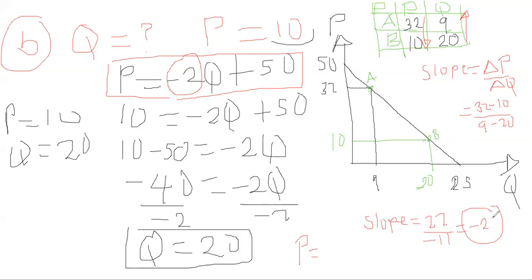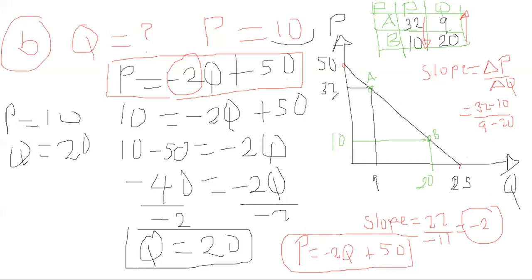We have calculated it: it's -2. Then you multiply it by the quantity, then plus B, and you know that B is the 50. So with only the graph, you can establish the equation. That is the demand function. If you only have the graph with the 2 points and you have the intercepts, then you can establish the demand function or the equation by yourself.